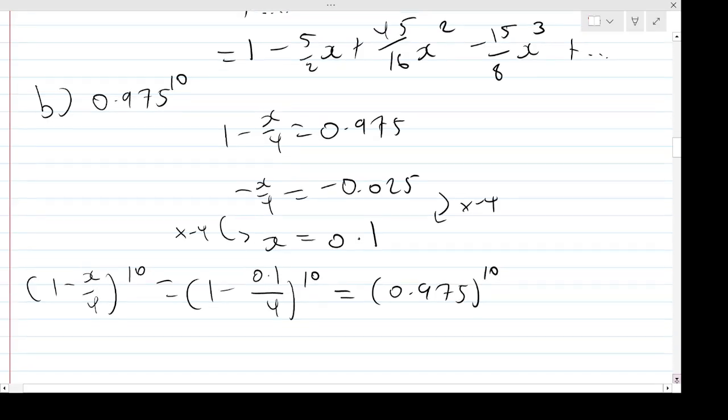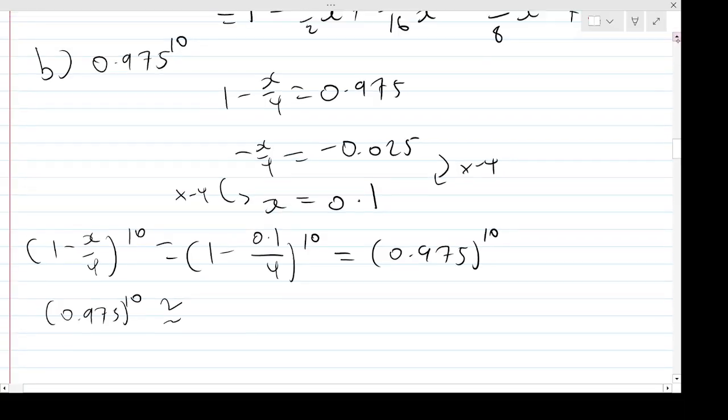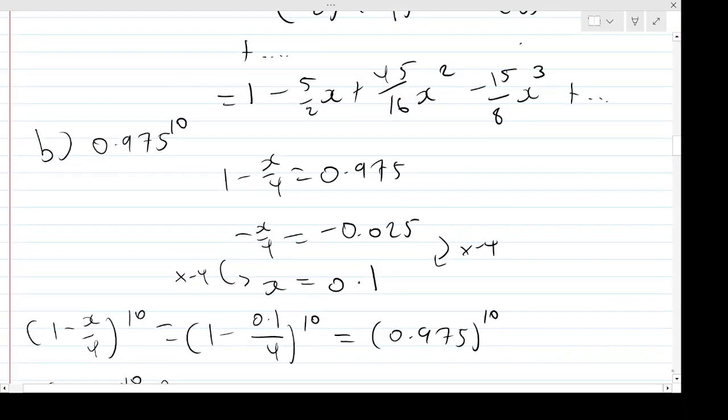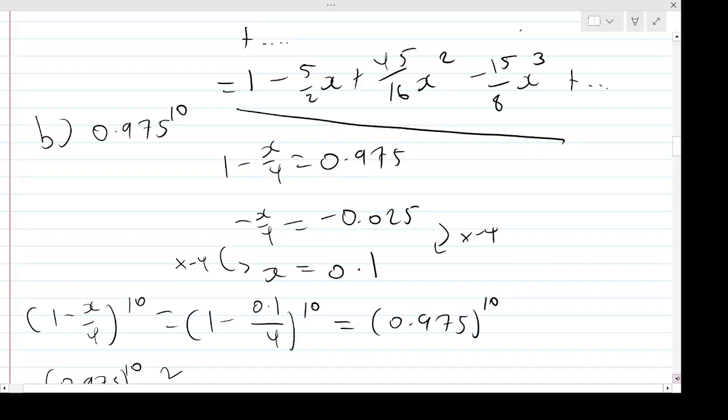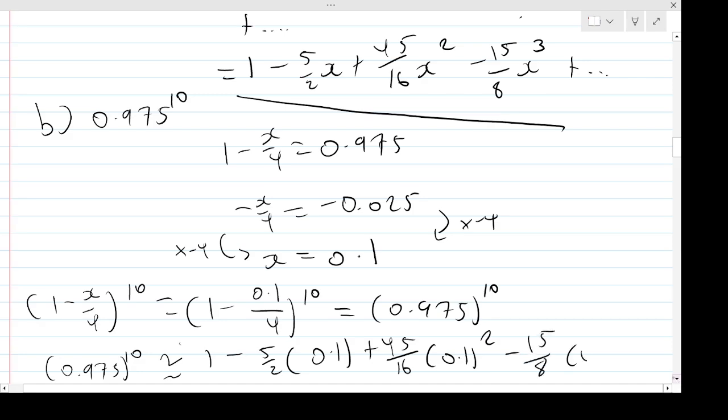There we are. So then I can use my expansion in part A. Well, actually, 0.975 to the 10 is when x is 0.1, right? So then 0.1 into this expansion here. Well, 1 minus 5 over 2, lots of 0.1, then plus 45 over 16 of 0.1 squared, minus 15 over 8 of 0.1 cubed.